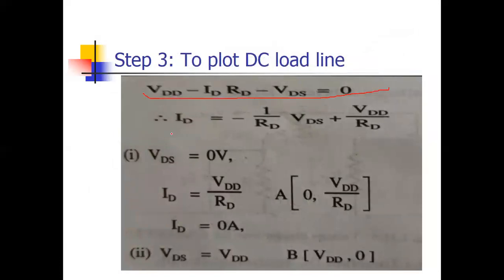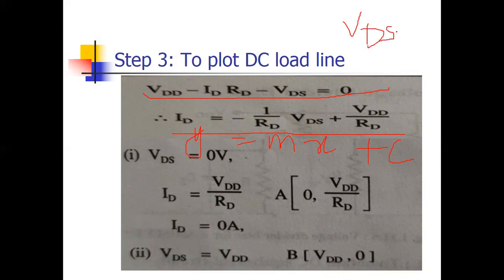Simply write ID equals minus 1 by RD times VDS plus VDD upon RD. After simplification of the equation, you get this equation. Now this is of the form Y equals MX plus C, where X is VDS and Y is ID.